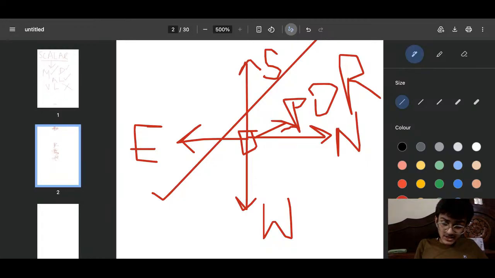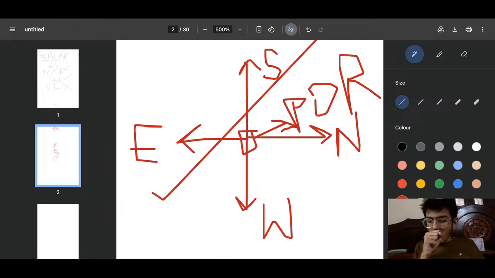But this convention itself needed a point of reference to explain. It's my way of explanation that in accordance with this point of reference, the direction which is vertically upward is north, and the direction which is vertically downward is south, and east and west respectively.